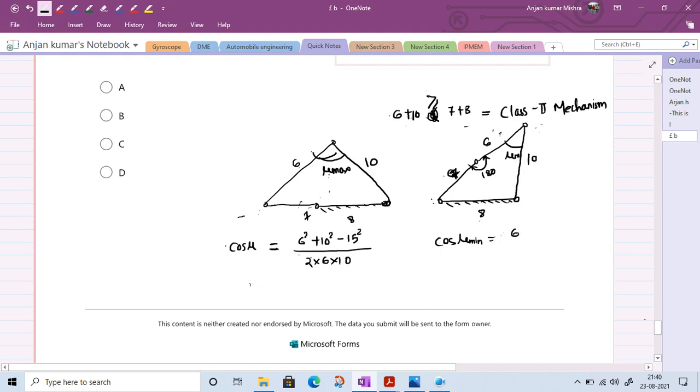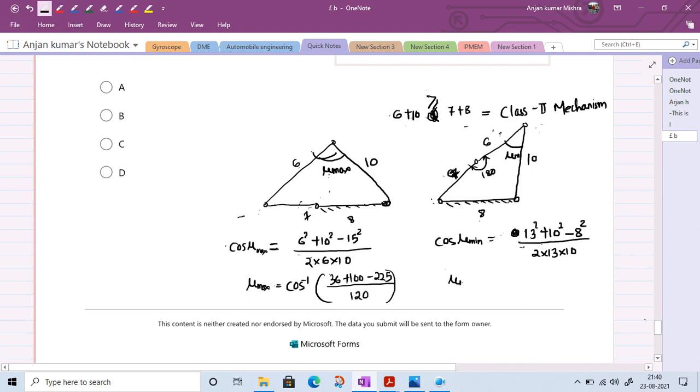Here 6 plus 7, that is 13 square plus 10 square minus 8 square divided by 2 multiplied by 13 multiplied by 10. So this is mu max, cos inverse of this ratio, that is 3600 minus 225 divided by 120.